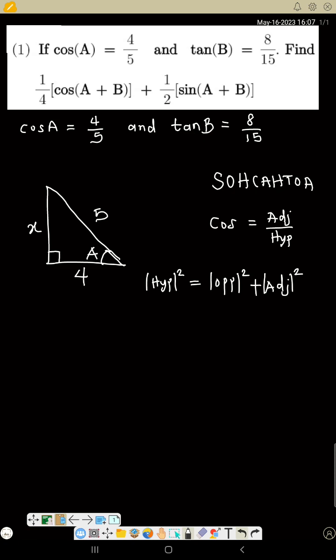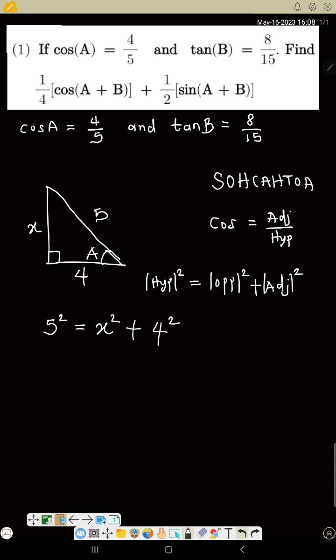Hypotenuse is 5, so we have 5 square equals opposite, which is x, that is x square, plus adjacent square, that is 4 square.